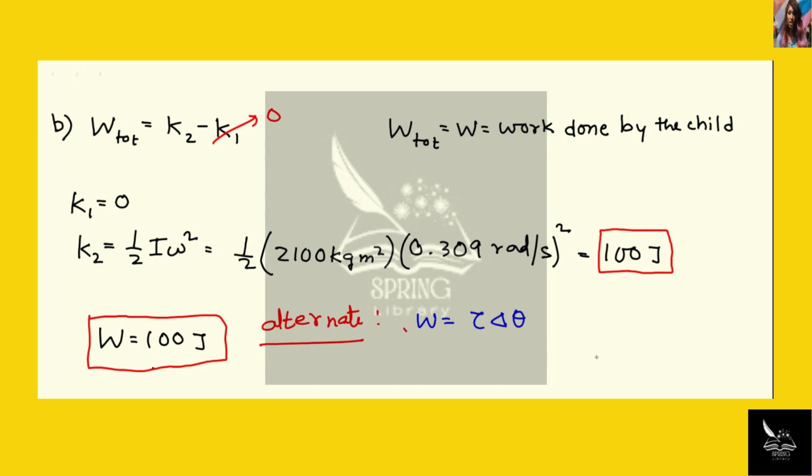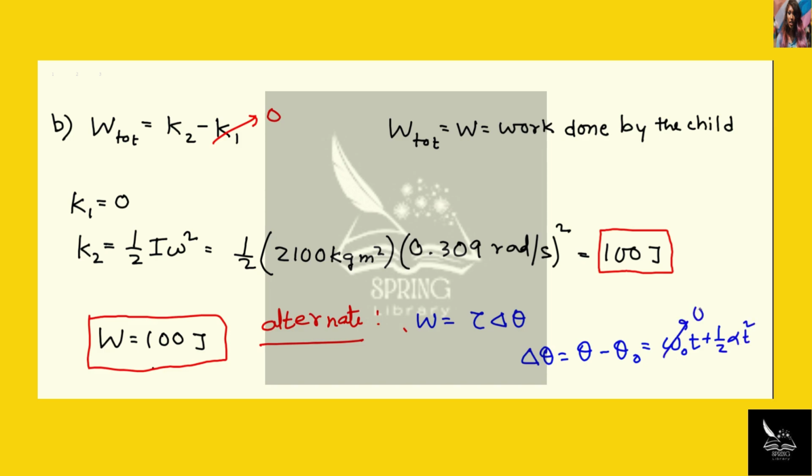And for delta theta, we know that this quantity right here is theta minus theta 0, where theta 0 is the initial position and theta is the final position, and that's equal to omega naught t plus half alpha t squared.